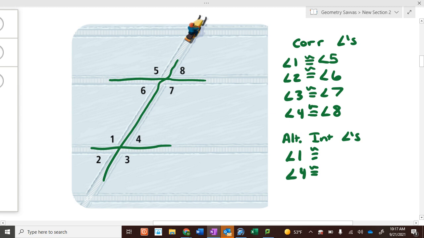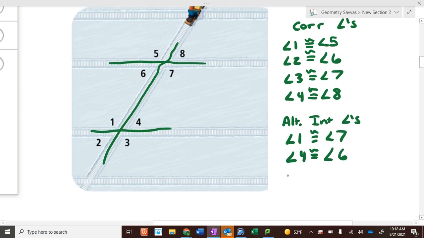Not 8. 8 is to the outside of the line, inside of the line, in between the lines. 7. Angle 1 and 7 are alternate interior because they're to the insides and then on the opposite side of the transversal. Nate, what's alternate interior with angle 4? 6. There we go. Alternate interior angles.